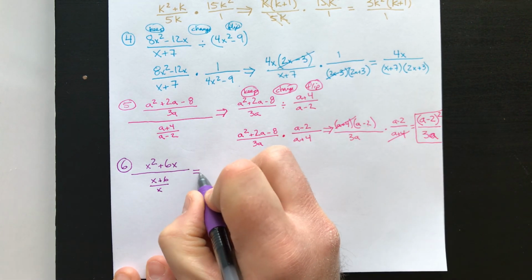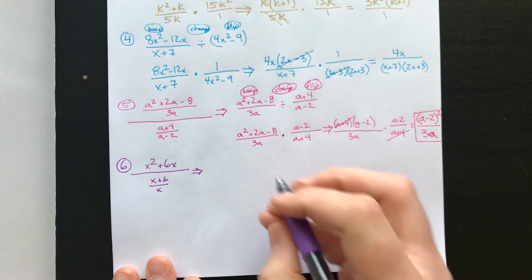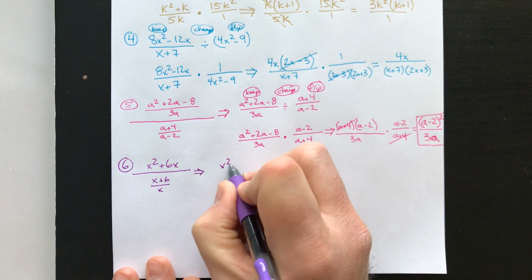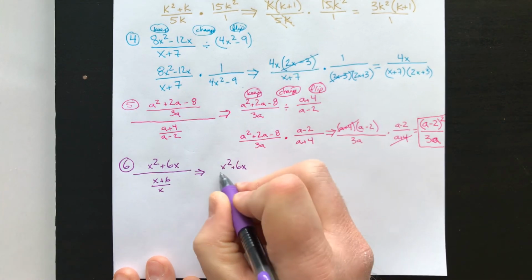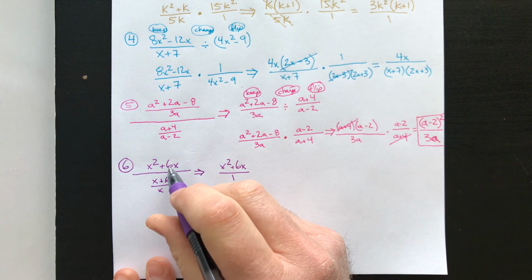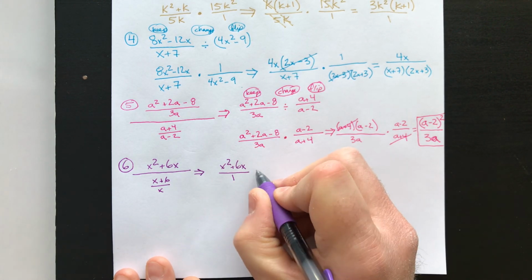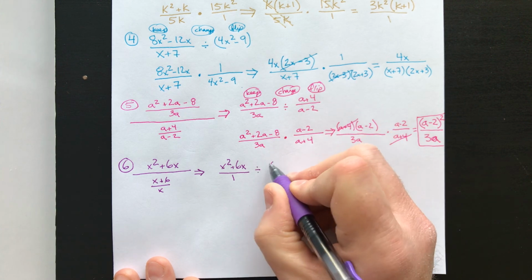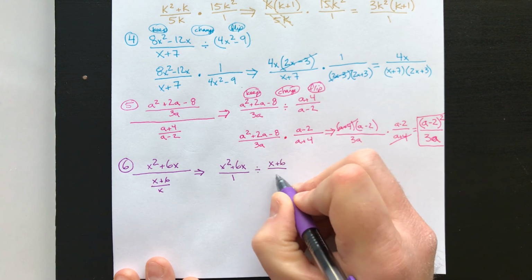All right, so this can be rewritten as x squared plus 6x all over 1, okay? And then divided by x plus 6 over x.